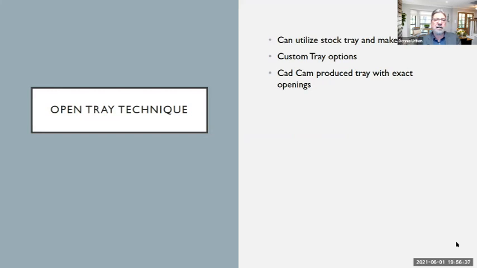We can make those custom trays with the openings, so it alleviates any extra time for you in the operatory. What's great also is using CAD/CAM produced trays. We do a lot of these printed trays, and we know exactly where the implants are placed, and the openings are made in the tray when it is printed. So CAD/CAM produced trays are excellent for implant impressions.